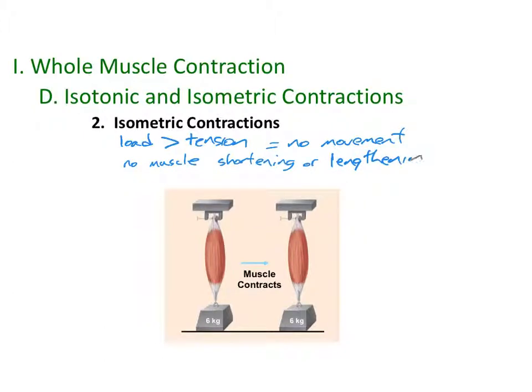So if you were to try to pick up something that was too heavy, say a 1,000 pound block of cement, and you tried to lift it with as much force as you could, you would generate tension, the block would not move, and because the block is not moving, your muscles are not shortening, so it would be defined as an isometric contraction. These can also be postural contractions, in which you're holding your body steady and using antagonistic muscle groups to act against each other to hold the body in place and not move.